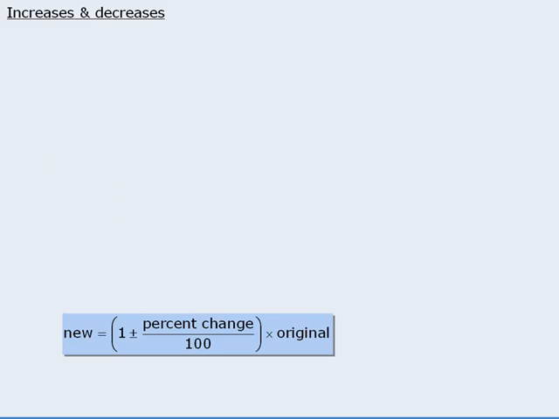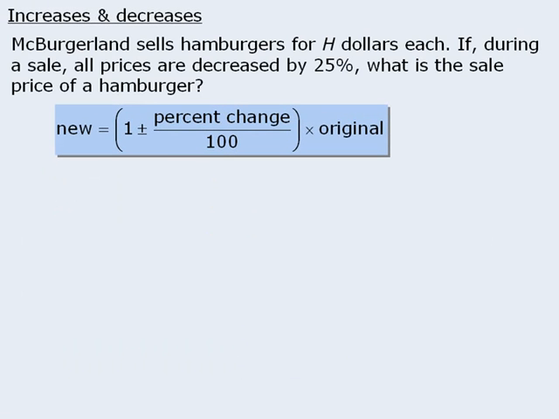Okay, now let's apply this formula to some questions. Here we are told that McBurgerland sells hamburgers for $8 a piece. So if during a sale the price is decreased by 25%, we want to determine the new price of a hamburger. So to find the new price, we need the percent change, which is 25%, so we can add this to our formula. Notice that since the price is decreased, we are subtracting 25 over 100 from 1.